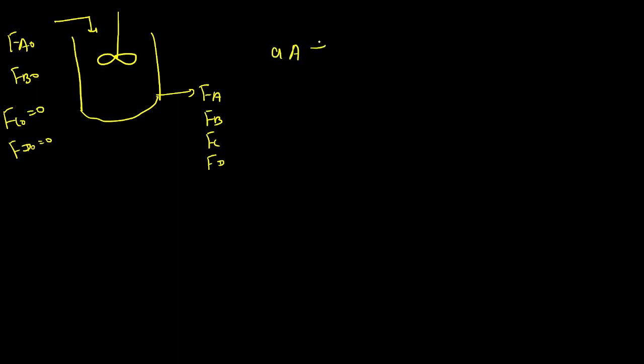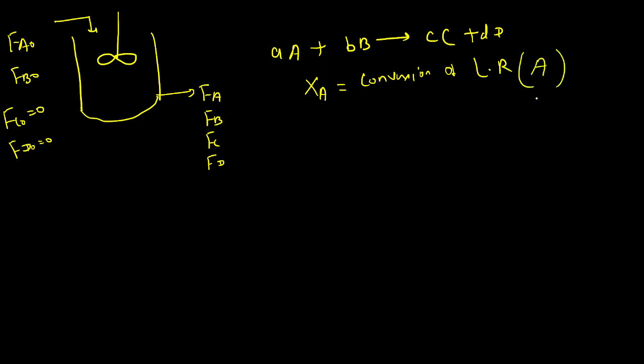If our reaction is A plus B getting converted into C plus D, and if XA is the conversion of the limiting reagent, which is our A. Our limiting reagent is A, so the conversion will depend upon the limiting reagent, right?